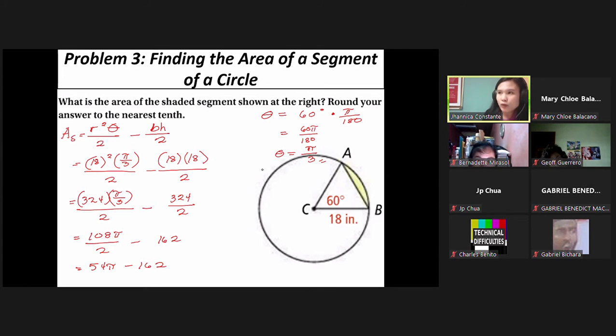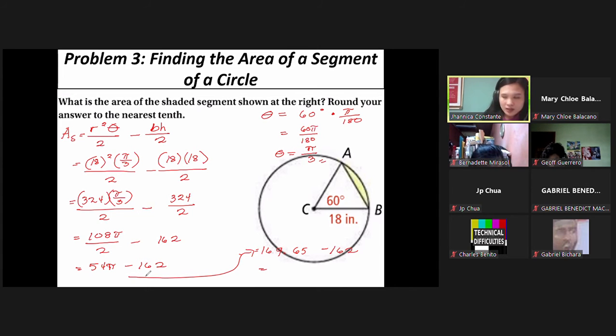So 54 times the value of our pi radian, which is equal to 169.65 minus 162.